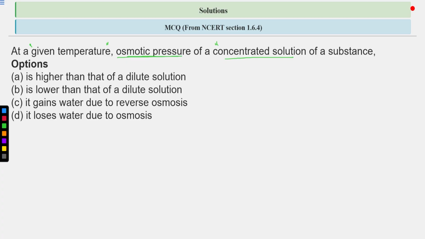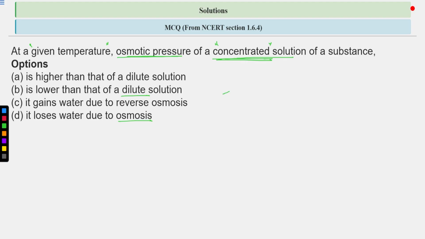So we have given in the question that at a given temperature, the osmotic pressure of a concentrated solution of a substance, the options are: is higher than that of dilute solution, is lower than that of dilute solution, it gains water due to reverse osmosis, or it loses water due to osmosis. You have to pick a statement which can correctly complete the statement given in our question.